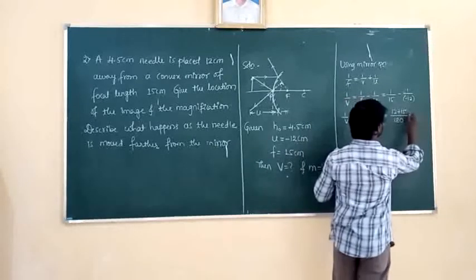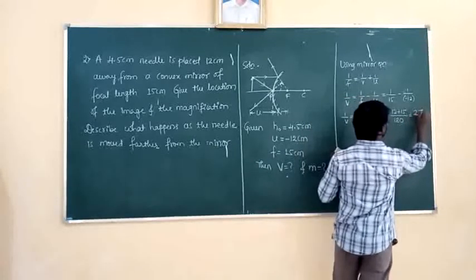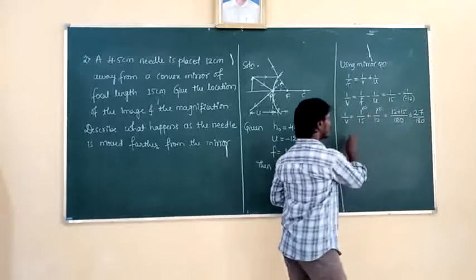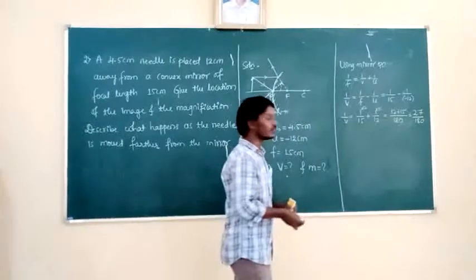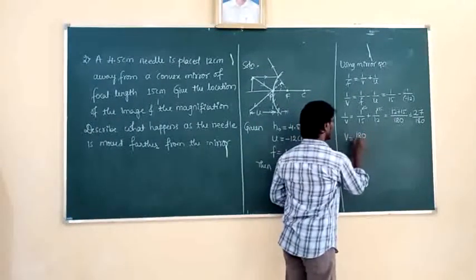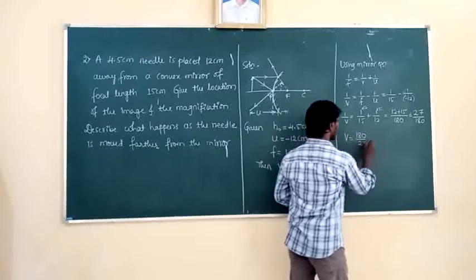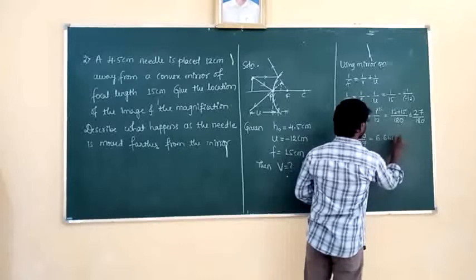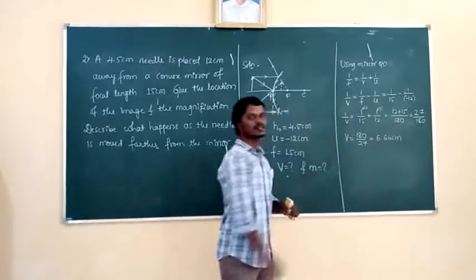Then it is 27 divided by 180. But it is 1 by v and we require v, so v is equal to 180 divided by 27, that is 6.66 centimeter.